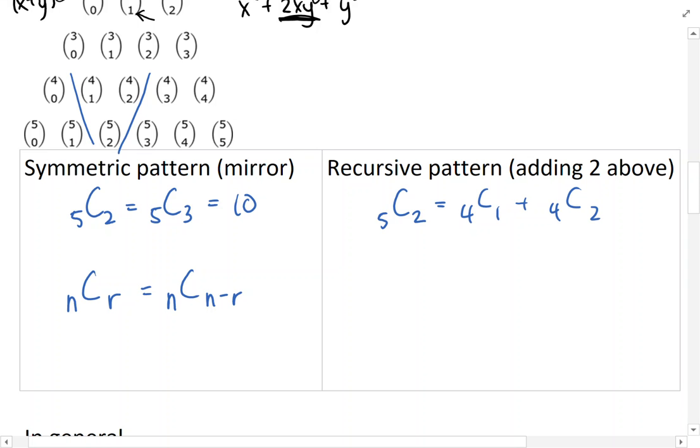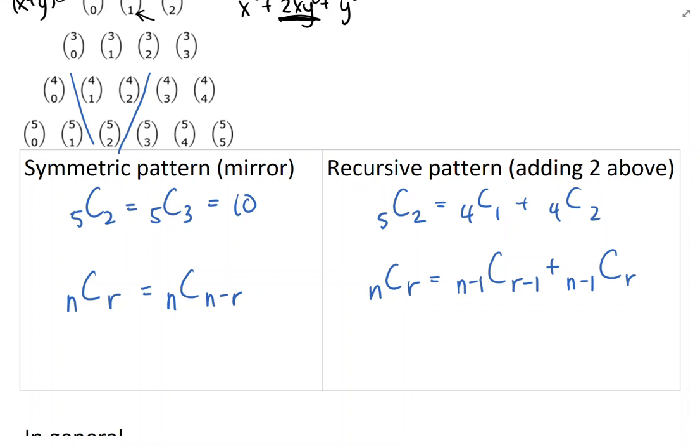So again, when we put this into a general equation, it's basically nCr equals (n minus 1)C(r minus 1), so 1 row above, 1 number below it, plus (n minus 1)Cr, so 1 row above, and the same term. And those are the 2 different patterns we have for Pascal's triangle.